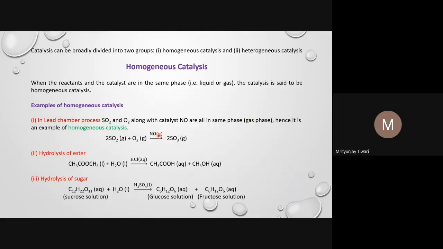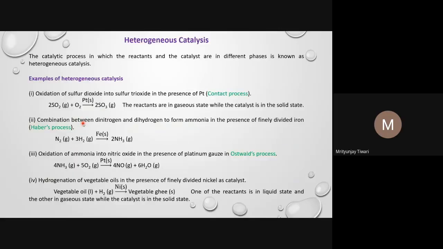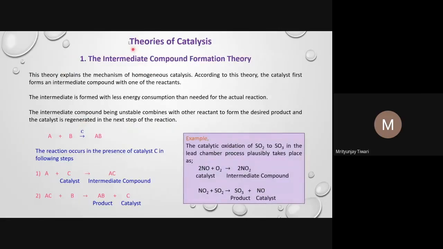The lead chamber process is an example of homogeneous catalysis, so this theory explains homogeneous catalysis. The NO reacts initially with one of the reactants, which were SO2 and O2. It reacts with oxygen to form NO2 gas, which is the intermediate compound.